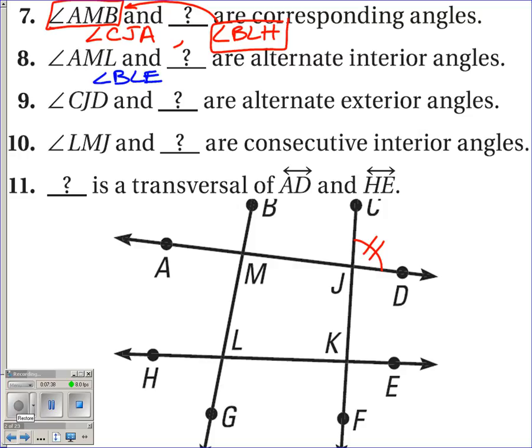Let's take a look at this transversal, CF, and the two lines, AD and HE. And again, this has got to be on opposite sides. Well, opposite sides of this red transversal, and on the exterior means it has to be touching the line, but in this position. So angle HKF.